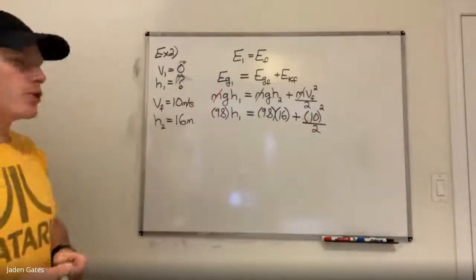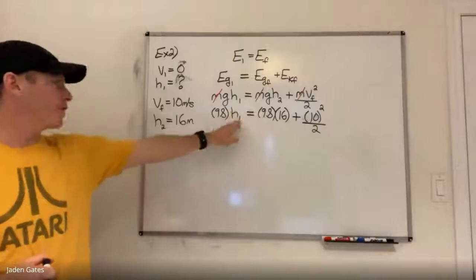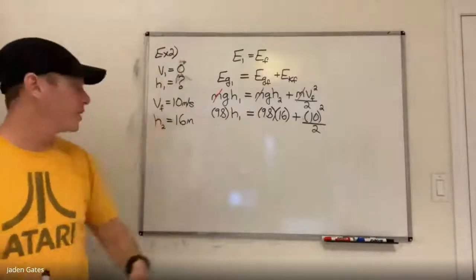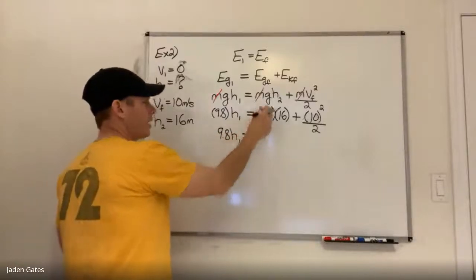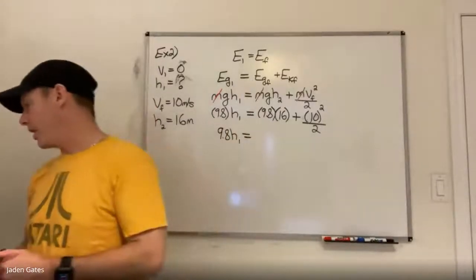Now it's all about simplifying and then solving for H1, the height of our first hill. So I have 9.8 H1 equals 9.8 times 16.